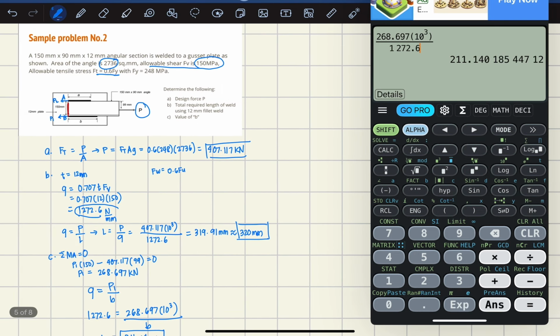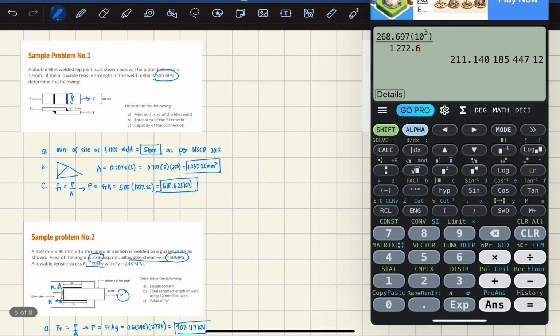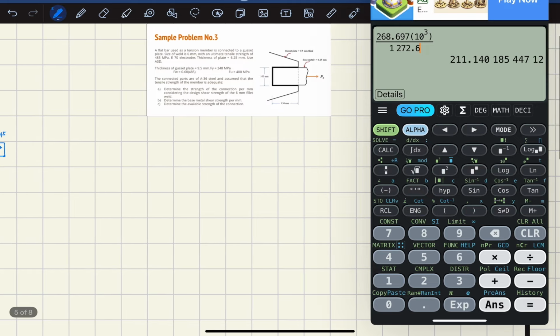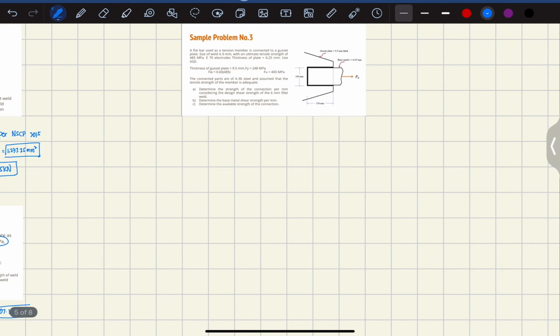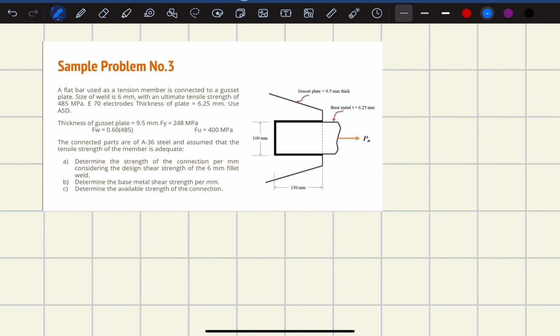So, yan class yung sagot natin. Then, for problem number 4. A flat bar used as a tension member is connected to a gasket plate. Size of weld is 6 mm.